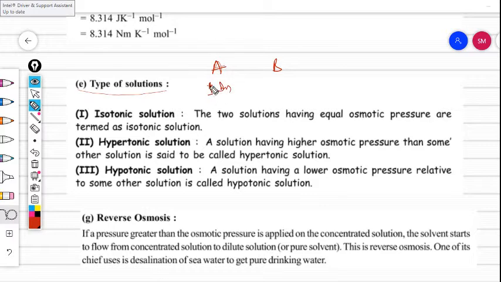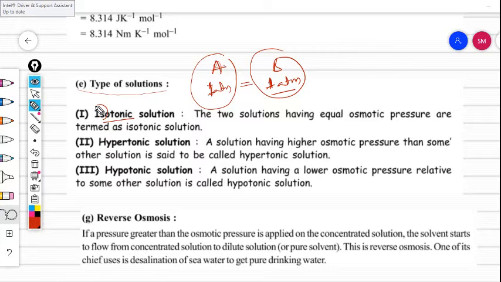So what is meant by osmotic pressure? With the application of 1 atmosphere pressure, you can stop the osmosis process in solution A. If B is having a similar osmotic pressure like A, 1 atmosphere, then these two solutions are said to be isotonic.